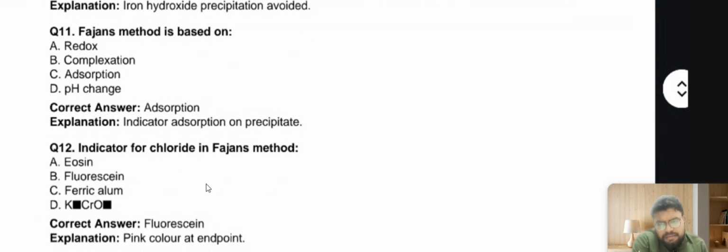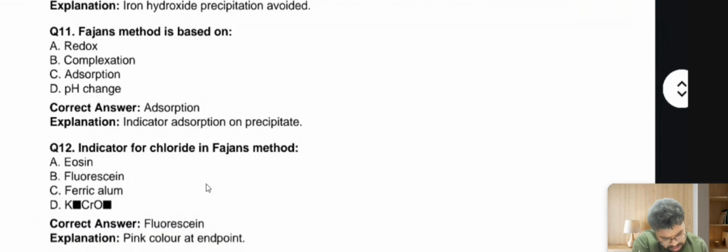The correct answer is fluorescein. Why is fluorescein used as an indicator for chloride detection in Fajans method? At the end point it forms a pink color. Okay.